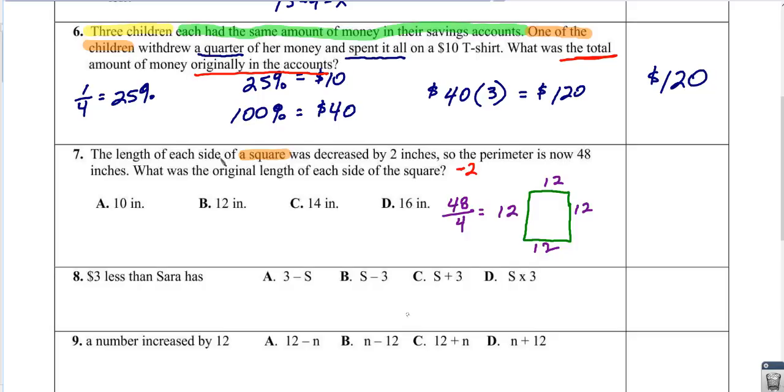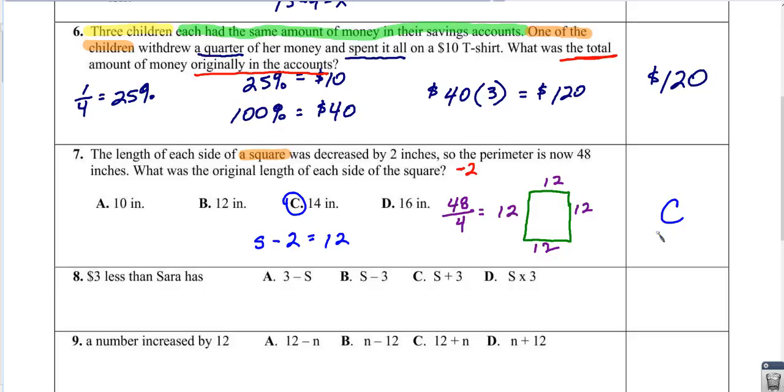Our question is, what was the original? So if S is the original side and S minus 2 gives us 12, which is the new side, how much would S be? 14. And our correct answer is C.